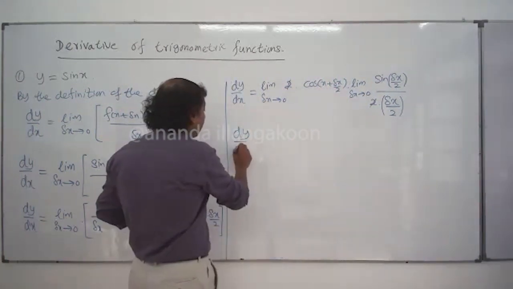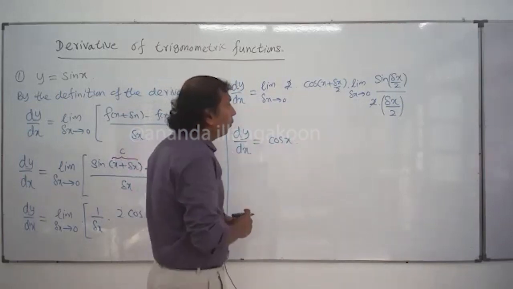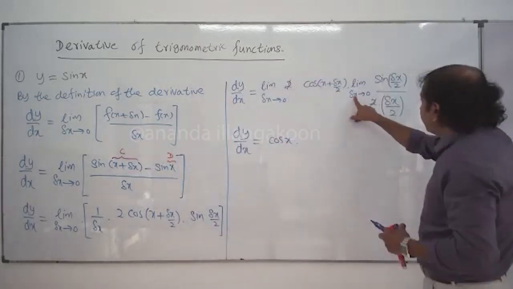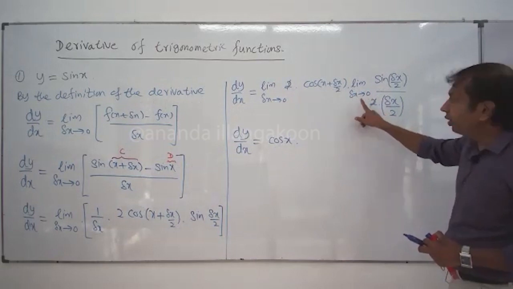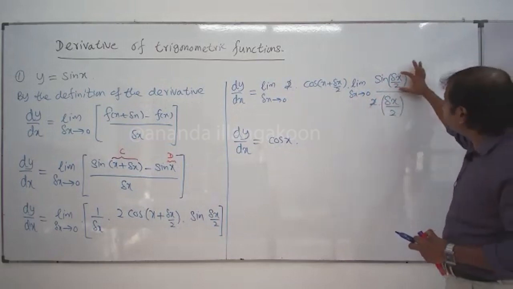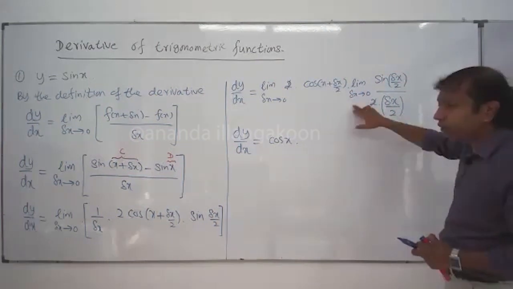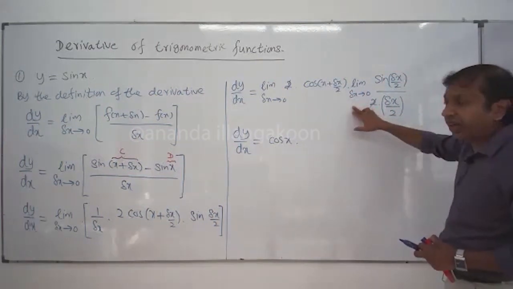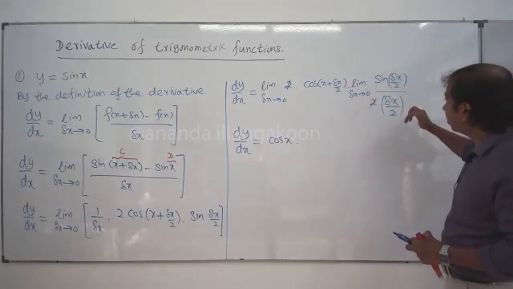Then dy by dx is cos x into, here people, delta x going to 0 means half of delta x also going to 0, no? If you take delta x by 2 as theta, this takes sine theta divided by theta. Then here we have limit theta going to 0 sine theta by theta.